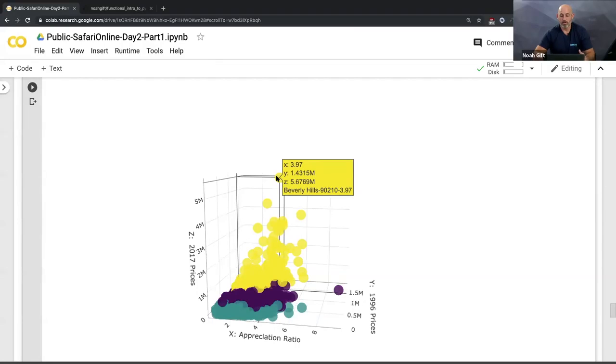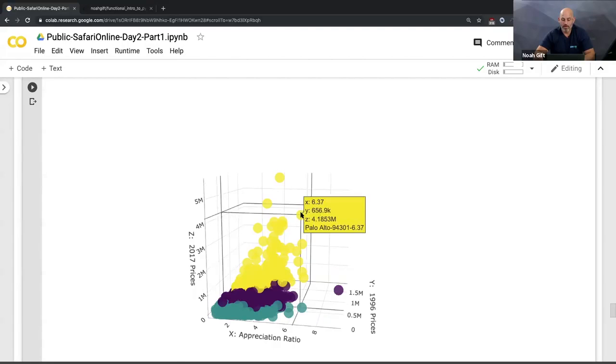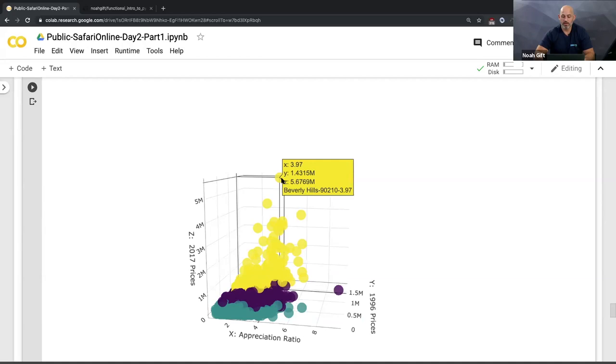But it has also gone up 4 times. So you would have made a lot of money 30 years ago buying a house in Beverly Hills. But look what's right below here, Palo Alto.